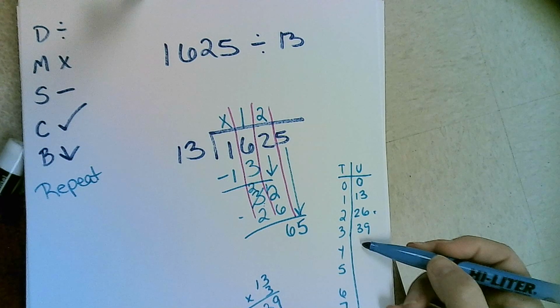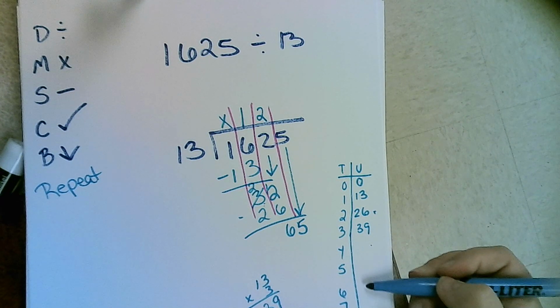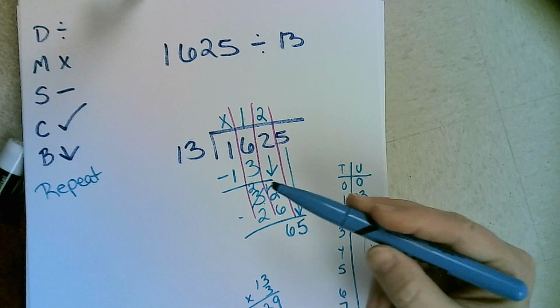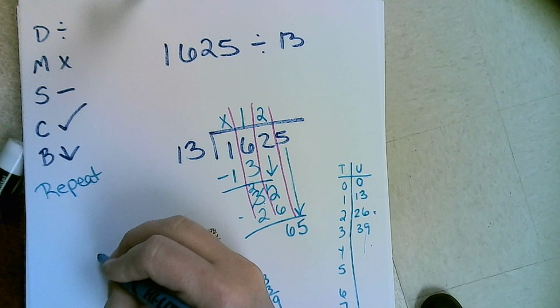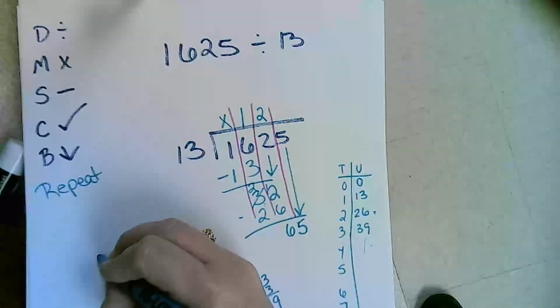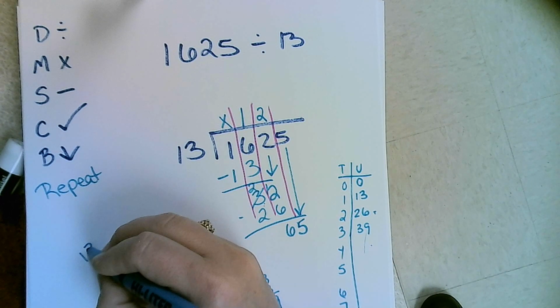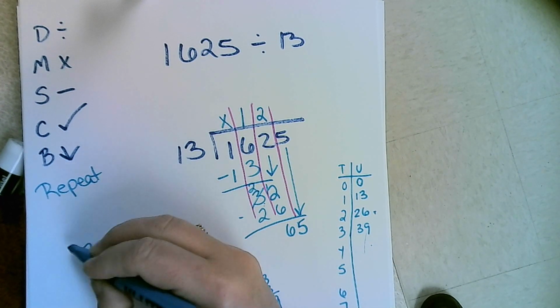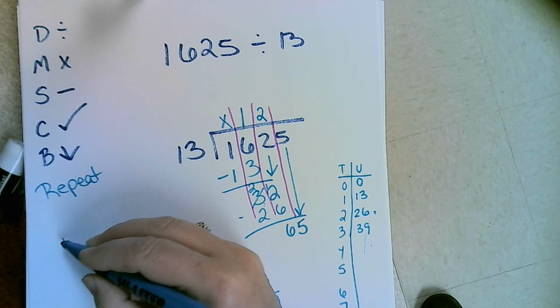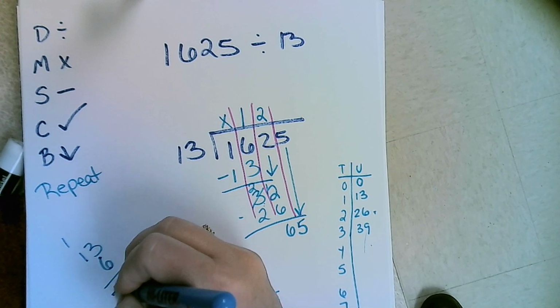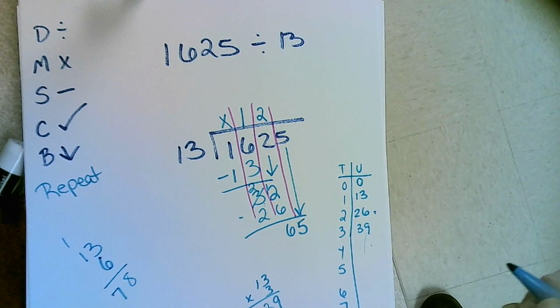So let's see, it's probably either going to be 4 or 5 or 6. Well, I'm going to guess 6. So 6 times 13, 18, 78.